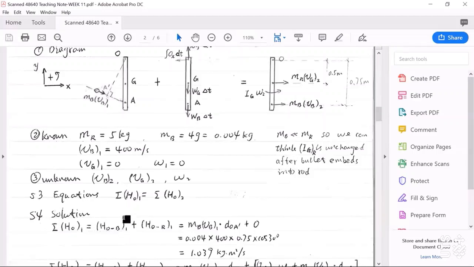One item for the bullet, another item for the slant rod. For the slant rod, its velocity in state 1 is 0. For the bullet, this calculation again is actually the calculation of angular momentum of a particle.